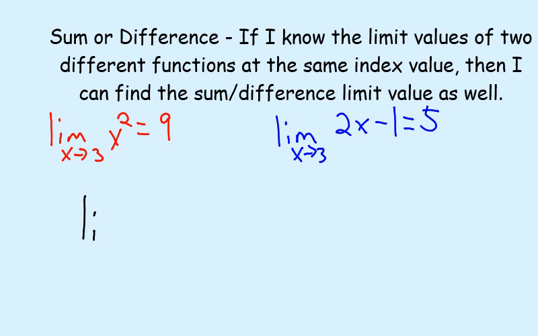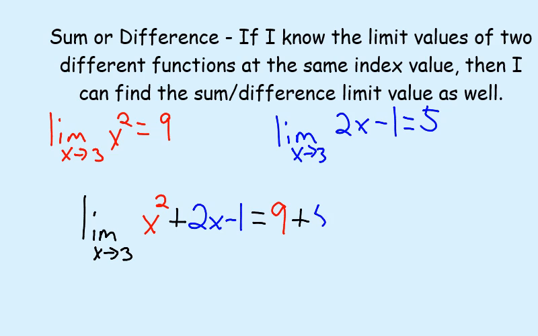So I can now find the limit as x goes to 3 of x squared plus 2x minus 1, and this will be equal to 9 plus 5, which is 14. Ta-da! Real simple and easy.